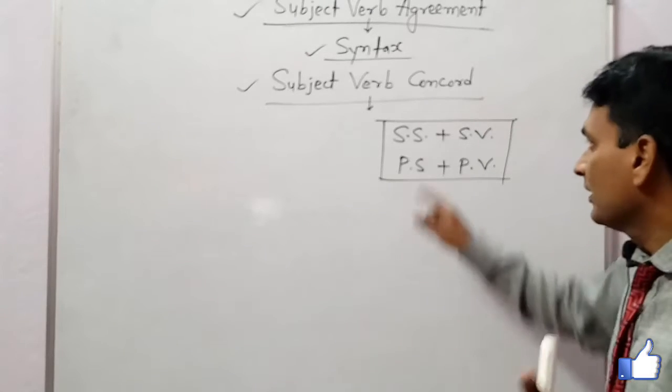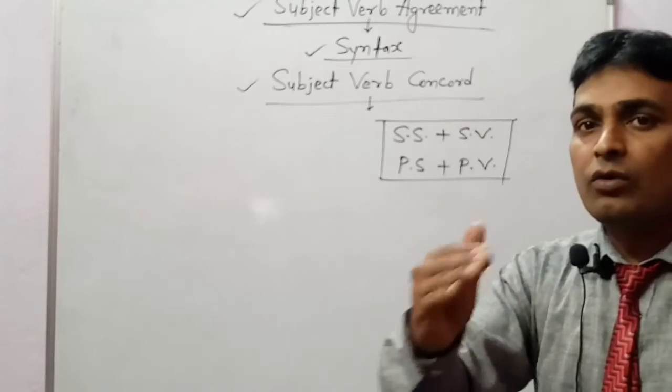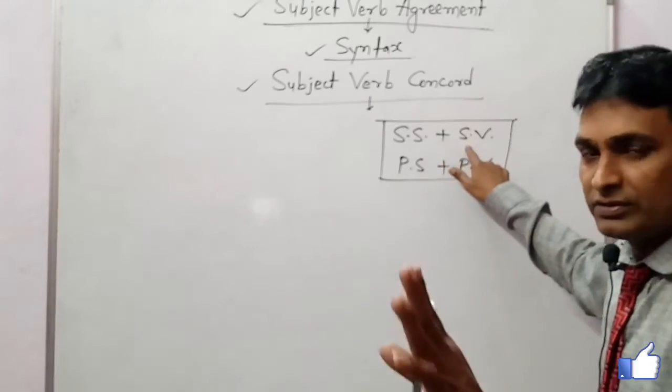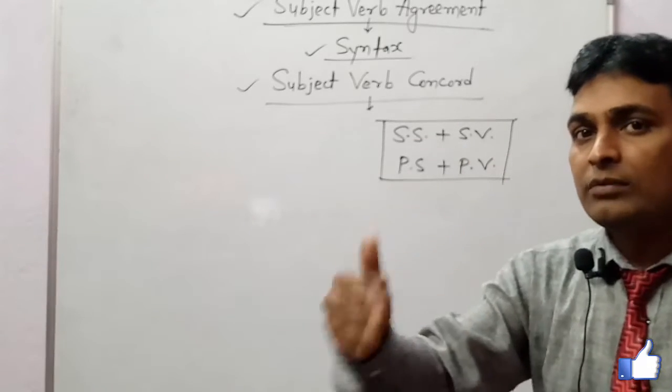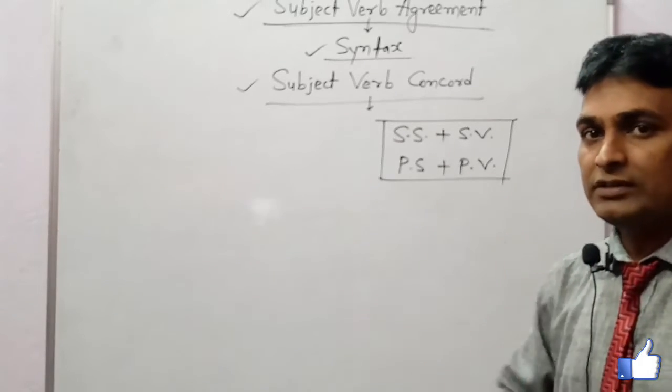I hope you have got SS and SV, PS and PV. This means in the case of singular subjects, you have to go with singular verbs, and in the case of plural subjects, you have to go with plural verbs. I hope you have got it, right?